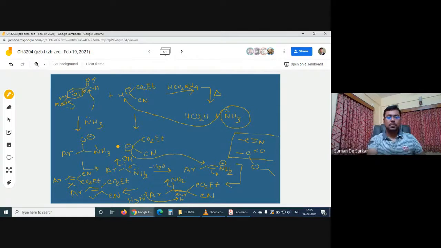For example, here, in this first place there is no problem, because one of the H can go from here to here, so it becomes OH and this becomes NH2. But after that, this donation is just donating the lone pair of electrons of the nitrogen, not the proton. Here I skipped it, but I should mention that you need some proton to form the water and then form the iminium ion. Otherwise, what will happen if you just kick out this OH minus, which is anyway not a good leaving group?